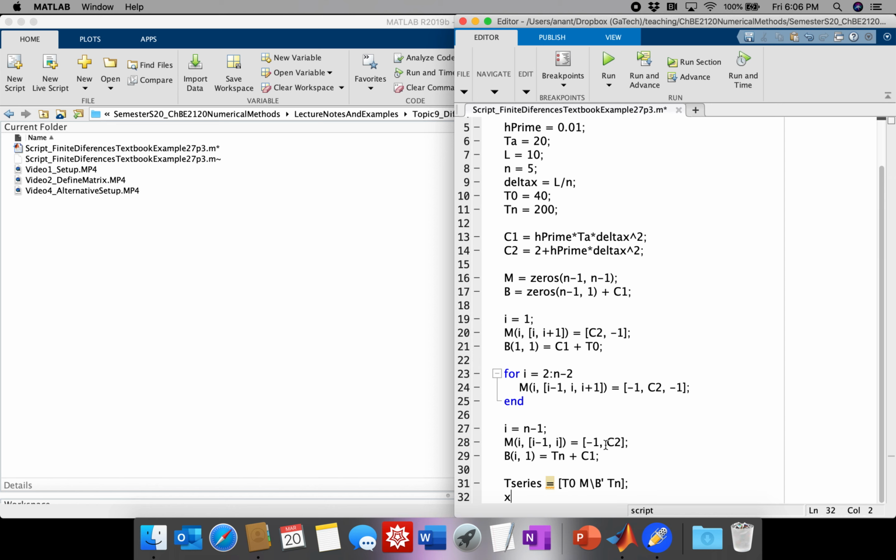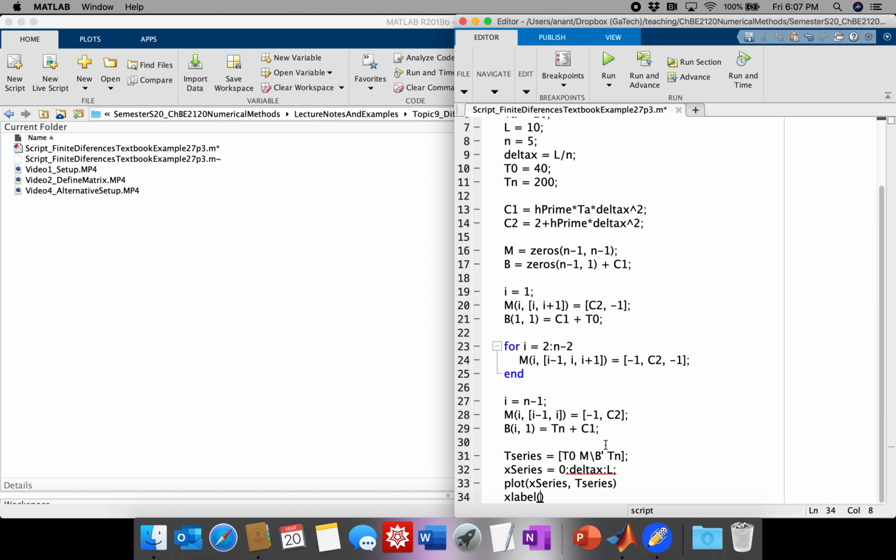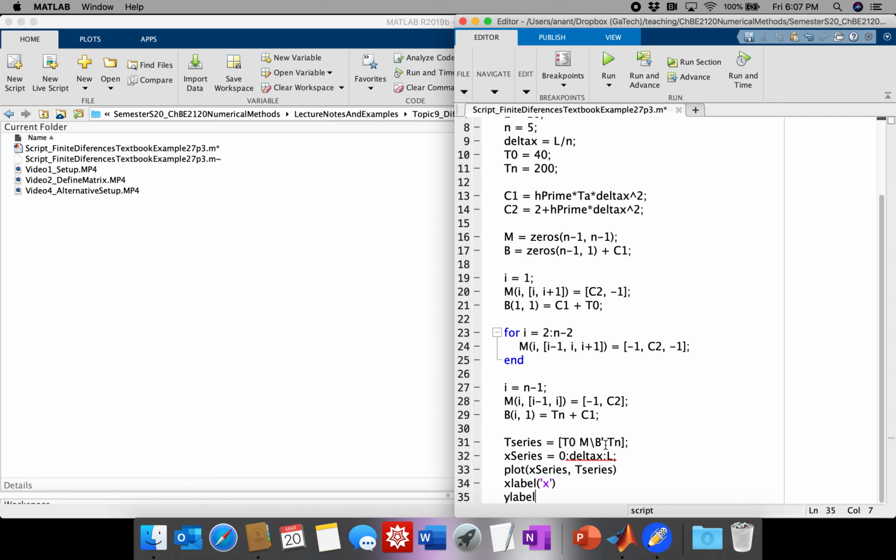The X series is going to be 0 colon delta X colon L, and we can plot X series and T series. X label would be X, Y label would be T, and let's see what we get.